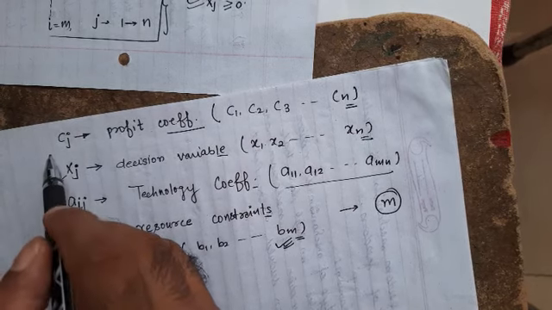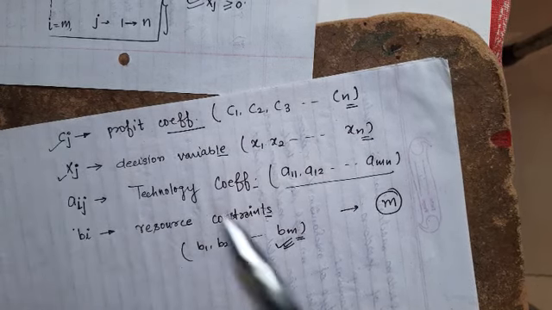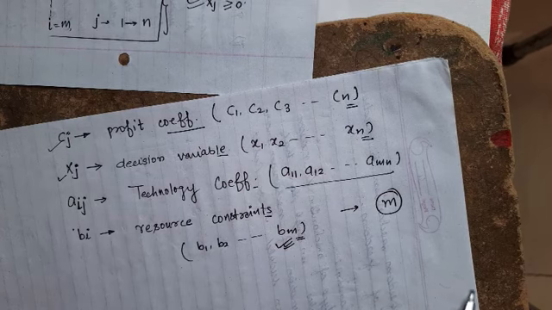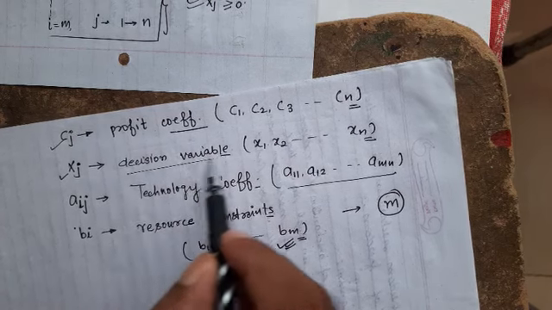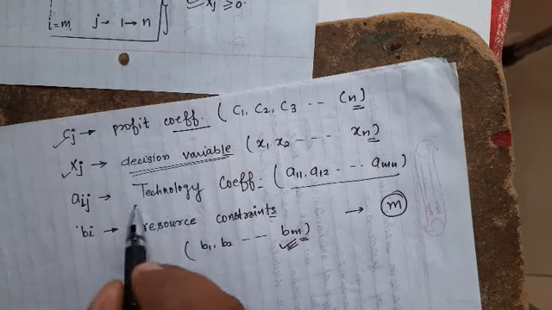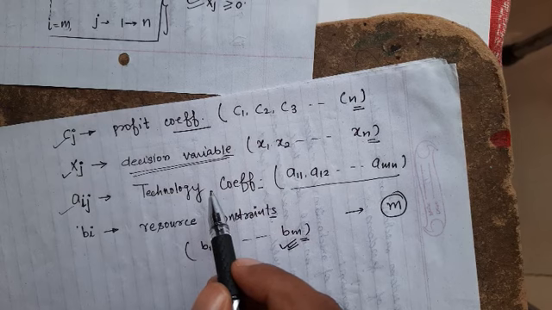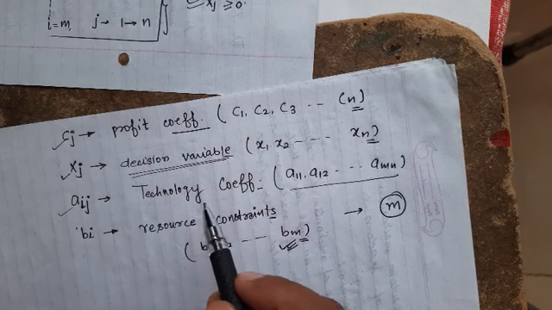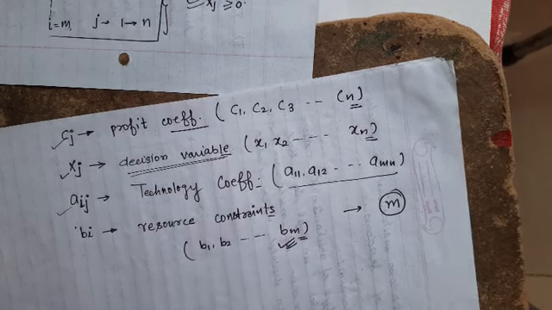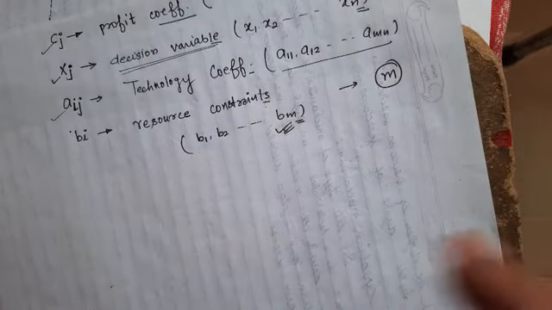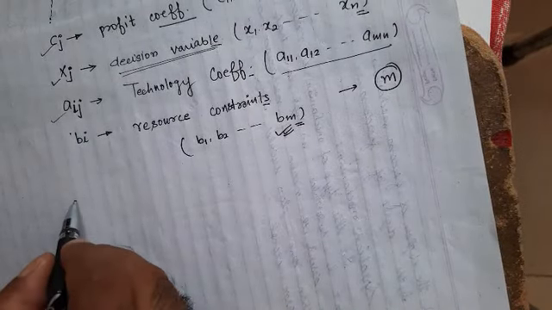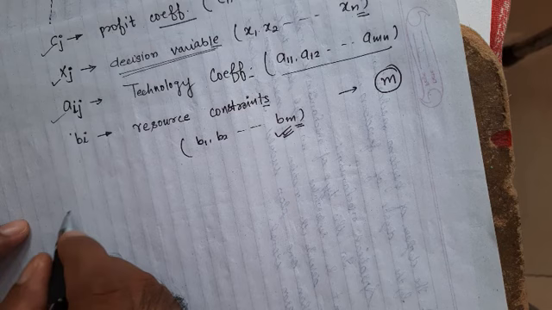So the first term is the profit coefficient, which is nothing but the contribution of the variables. Second are the decision variables, and the matrix obtained by aij will be your technology matrix. In simple form, if I write, cj will be a row matrix.